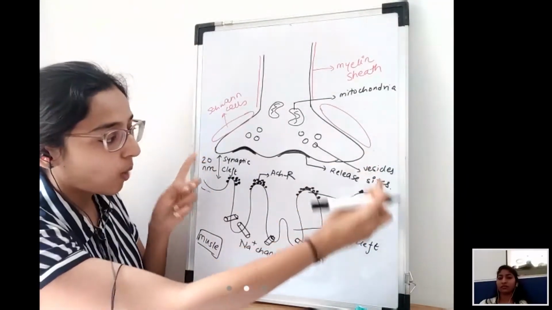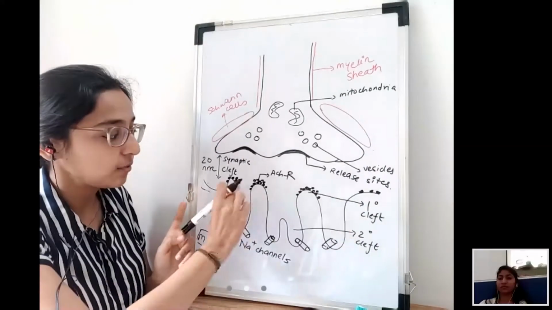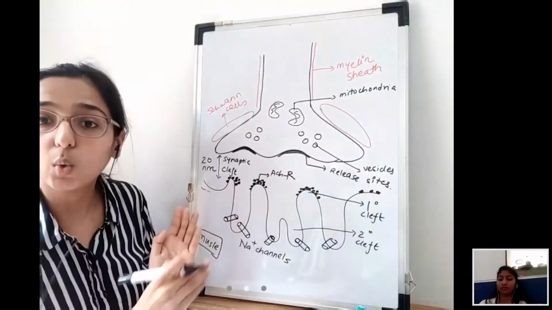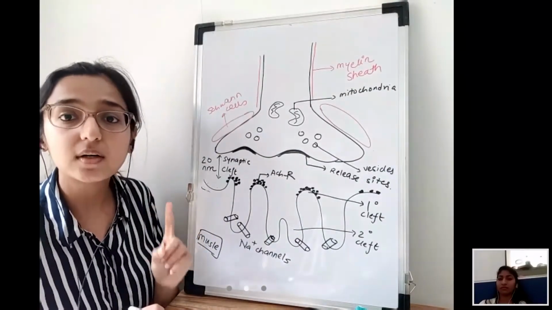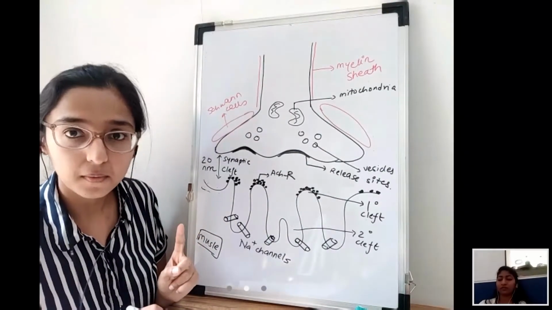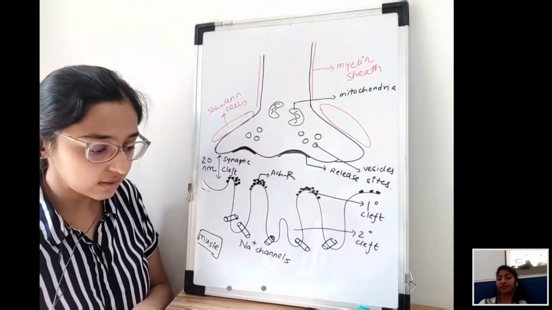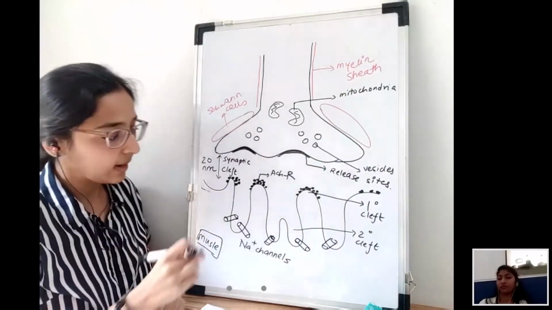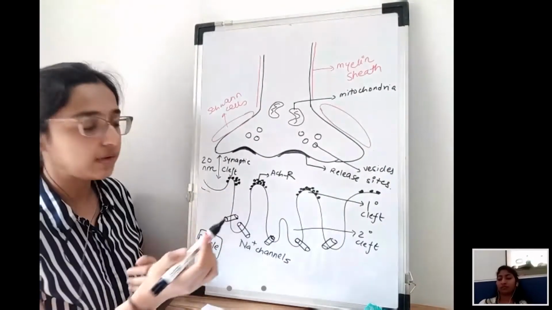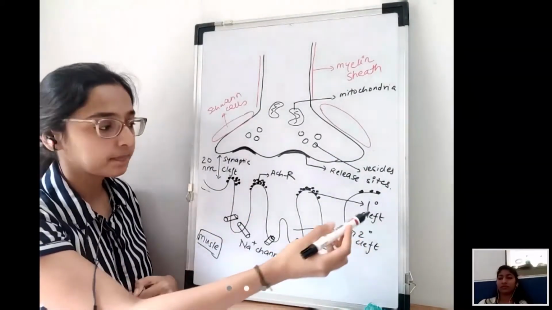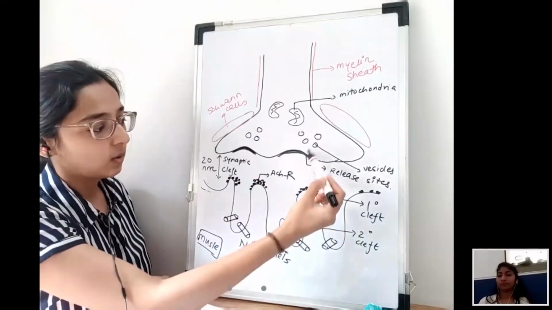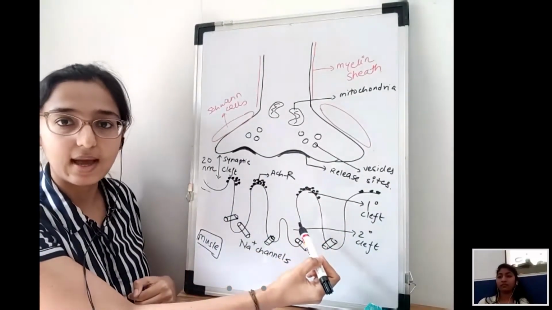So if you combine all these receptors, there are 5 million acetylcholine receptors per junctional cleft. In the future, we'll call this the muscle end plate, on which the acetylcholine will come and act.